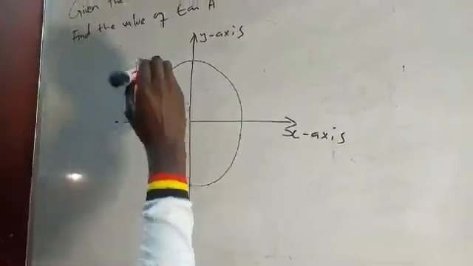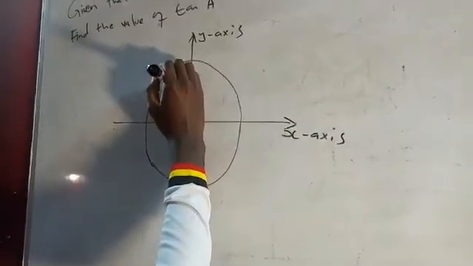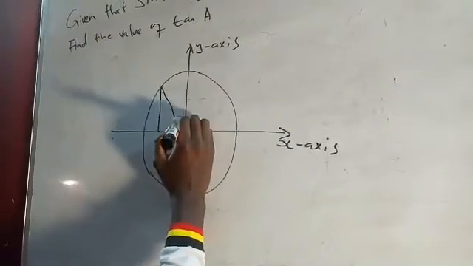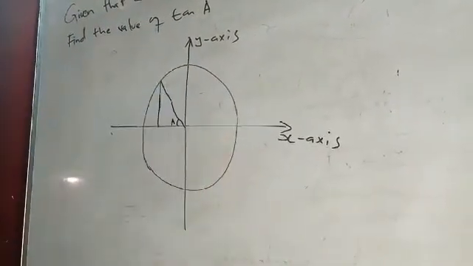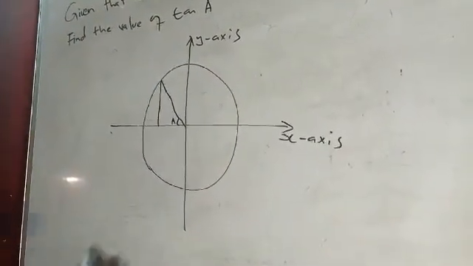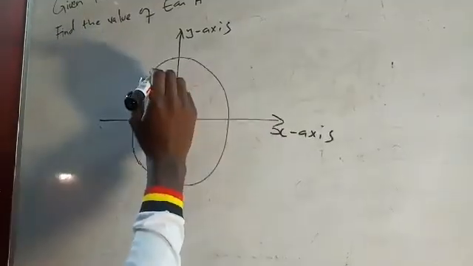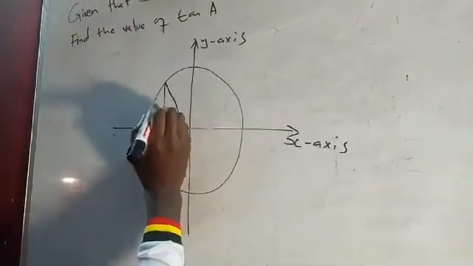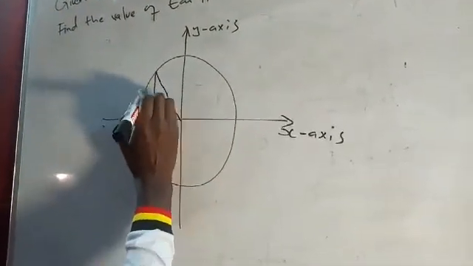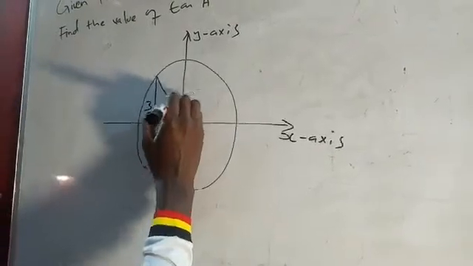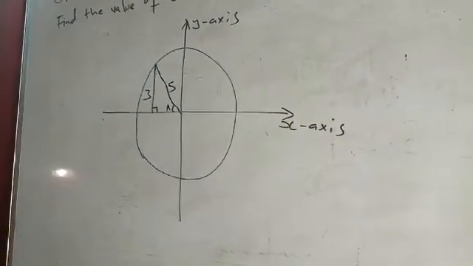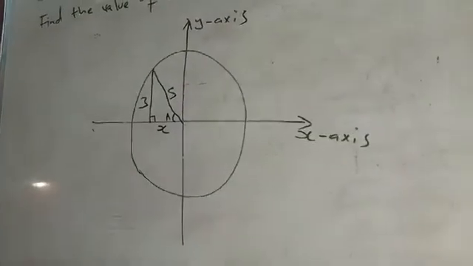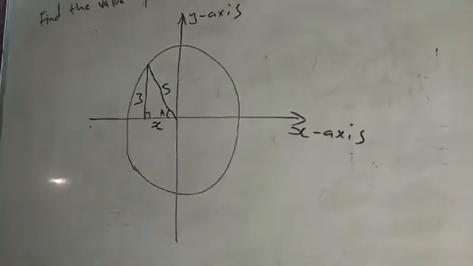So it will be here. This is A, and sine is opposite over hypotenuse, so this one will be 3 and this one 5. So let's name this downer part x. So let's try to find x.